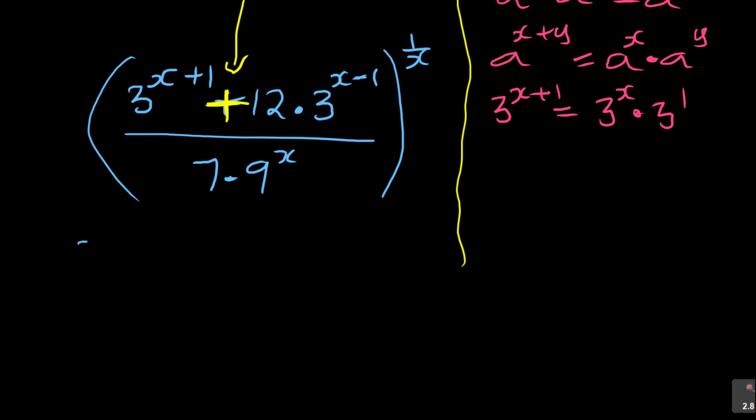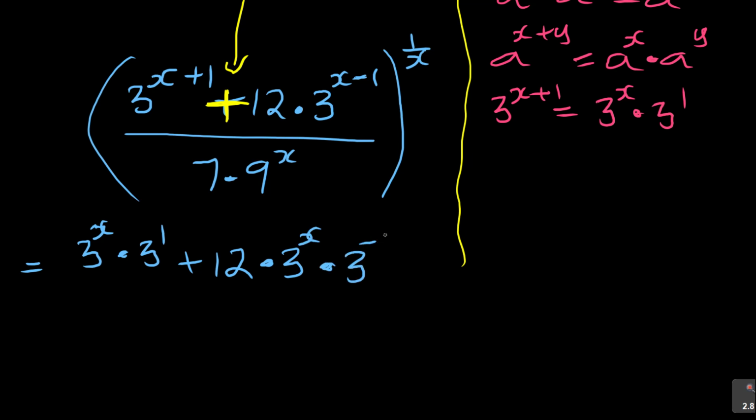We have 3 to the power x dot 3 to the power 1 plus 12, but you can change if you want. You can actually convert this 12, but let's leave it 12 dot again 3 to the power of x dot now 3 to the power of negative 1.